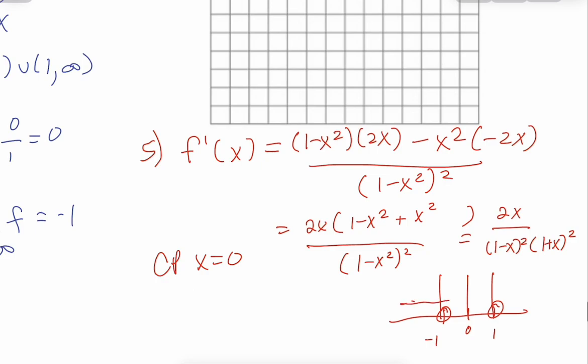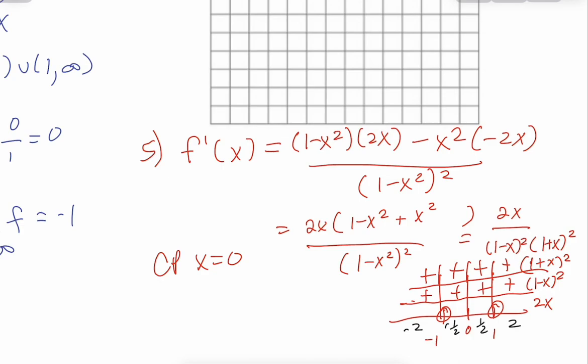So what are we going to include? We're going to include 2x. We're going to include 1 minus x squared and 1 plus x squared. Now, the squared part tells us that no matter what I do, those are always positive things. They're never going to be anything other than a positive value. So 2x is kind of controlling the show. If I plug in test values, let's do negative 2, negative 1/2, positive 1/2, and 2.